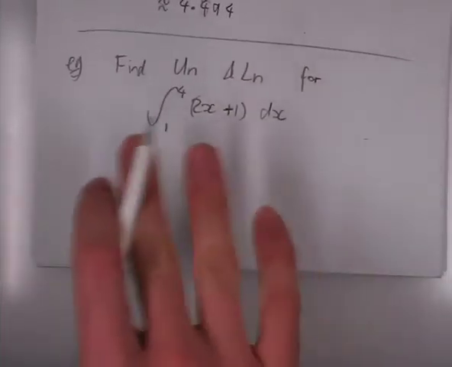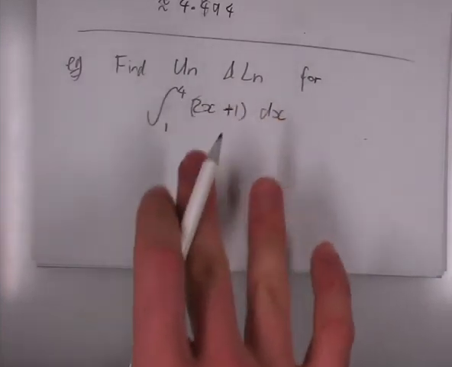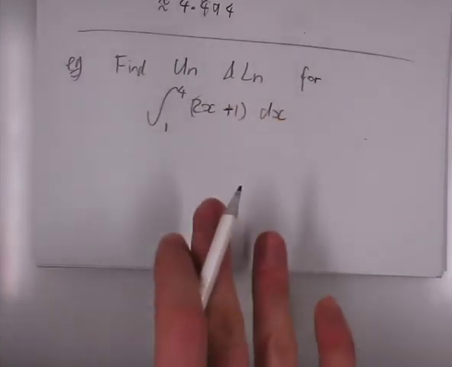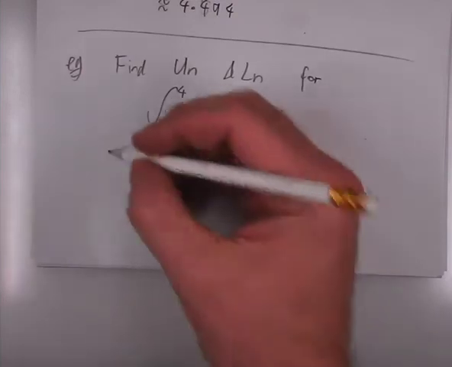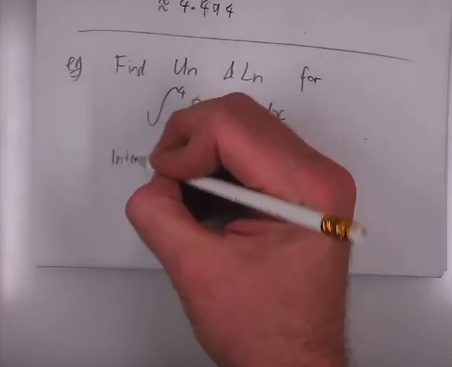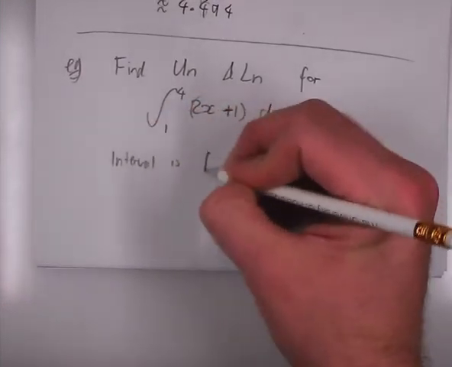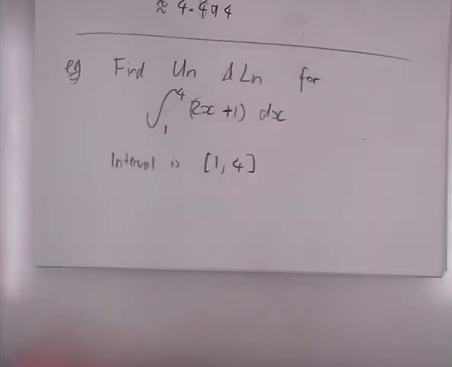So we're going to find un and ln for this. That means we're going to do exactly the same thing that we would always do. Our interval is from 1 to 4, because that's what the integral is, and I'm going to divide that into n subintervals.